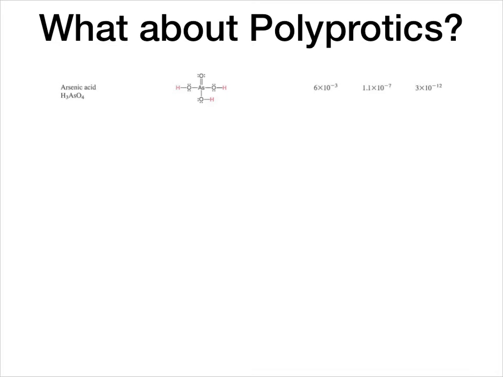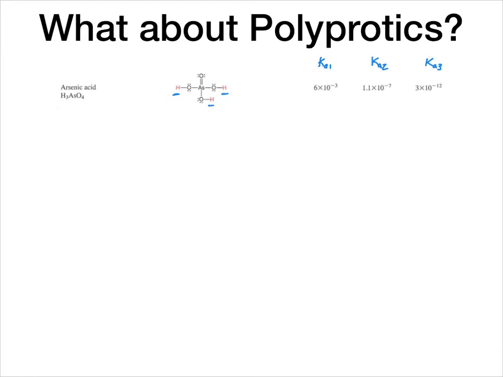So sometimes things get a little more complicated. There are molecules like this arsenic acid that have more than one acidic proton. So in the case of arsenic acid, we have 3 acidic protons. And that means that we get 3 Ka values. And in this table, this first one is Ka1, the second is Ka2, and the third is Ka3.